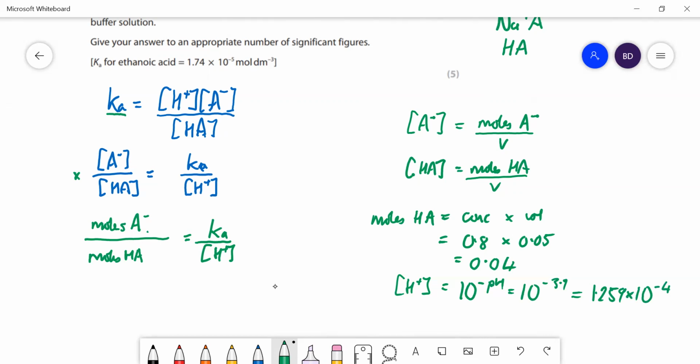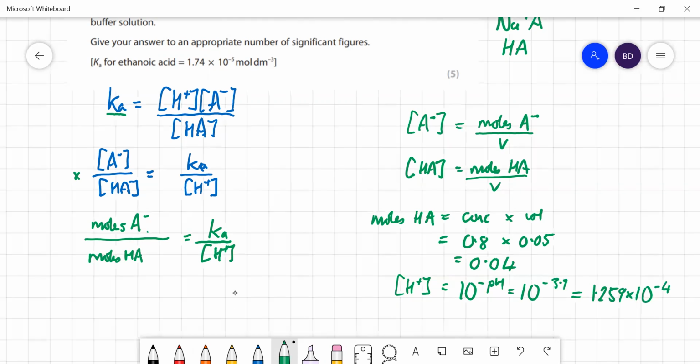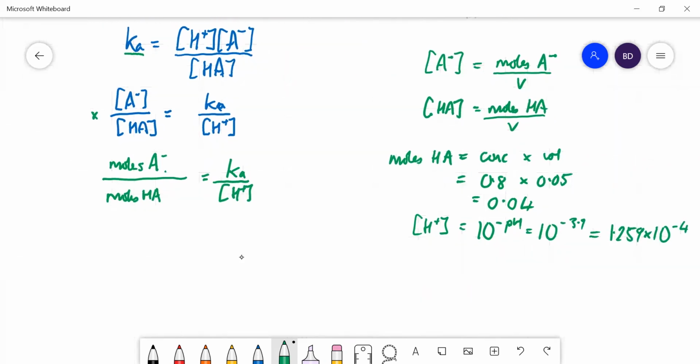Okay, let's put the numbers into this now. Let's just rearrange that first. We're going to get moles A minus, which is what we want to find out, the moles of sodium ethanoate, equal to Ka times moles HA over the hydrogen ion concentration, which was that.